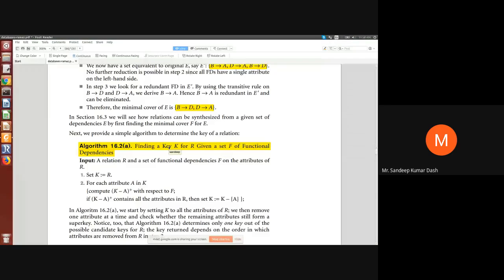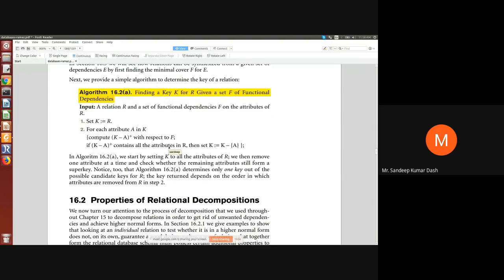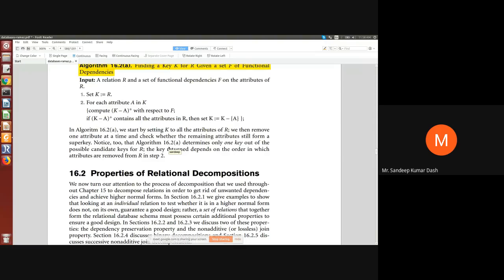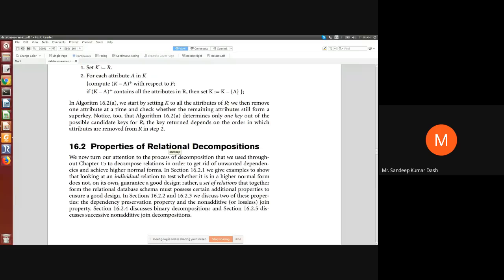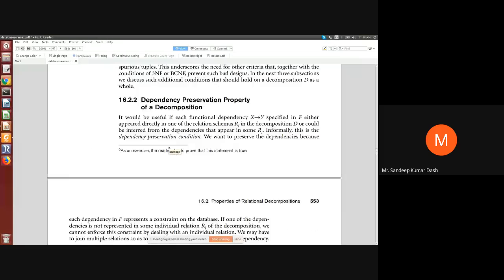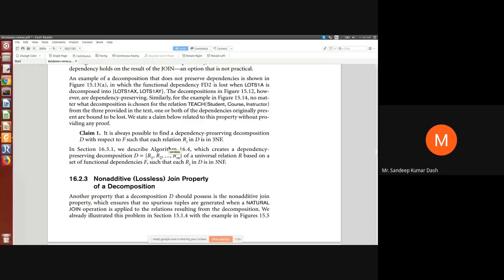Take any combination of attributes; whichever attribute set's closure contains all the other attributes in the relation, that will be a key attribute. The example is already explained in that video, so I am not going into that detail here. So, no doubt now.